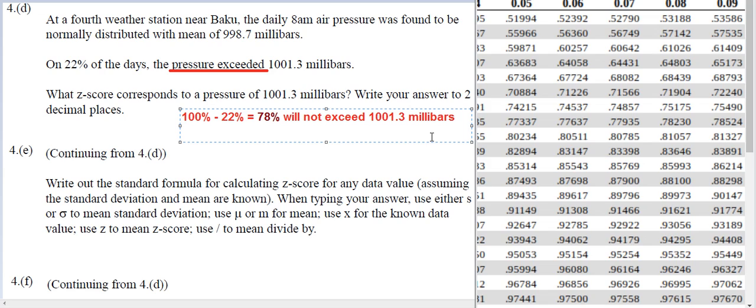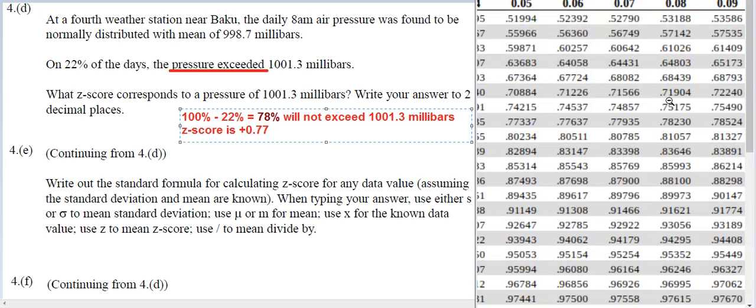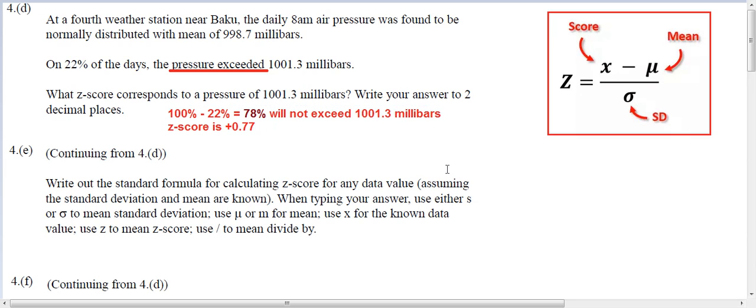So the z-score from the table is positive, and you can write very clearly 0.77. That's the z-score from the table. A tricky question, but simple to answer when you are aware of it.